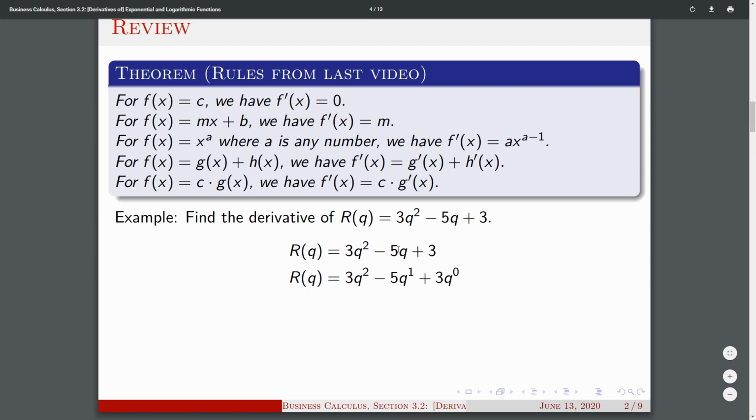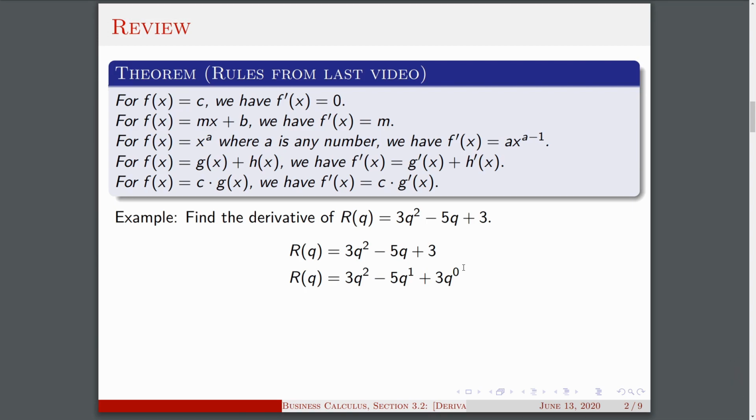Just going to rewrite the function. 5q, I could write that as 5q to the first power. And 3, just the number 3, I could write that as 3 times q to the 0th power. Because anything to the 0th power is just 1, and 1 times anything is the anything. So what I've done is written it in a way that I can directly apply this rule 3 times.